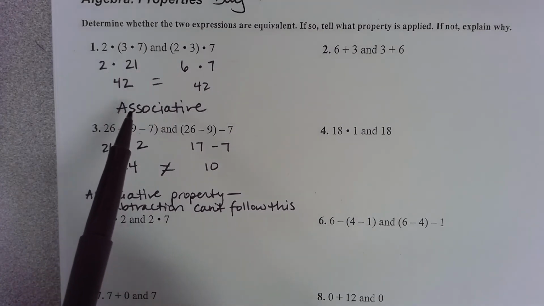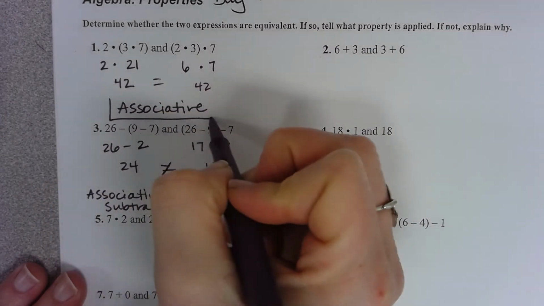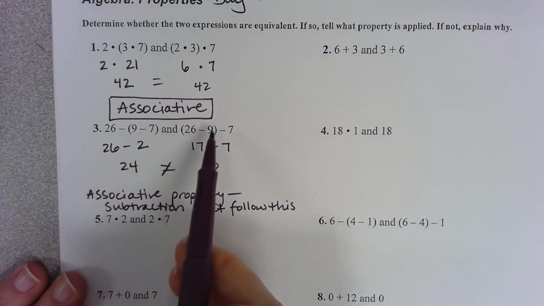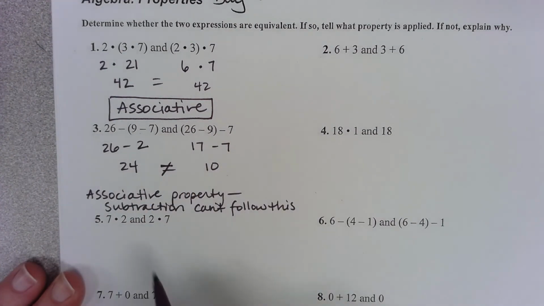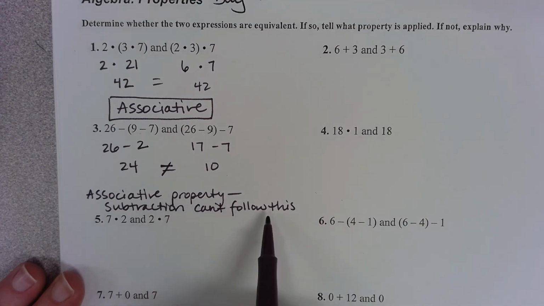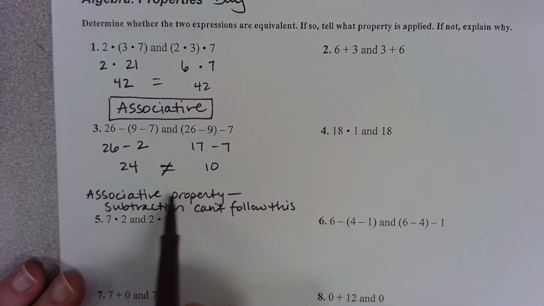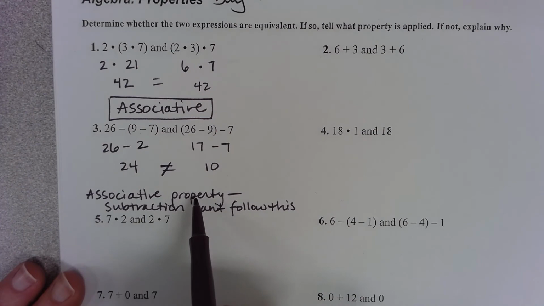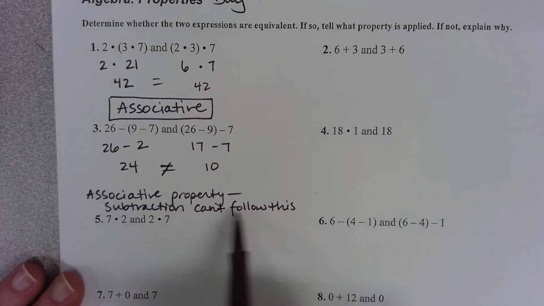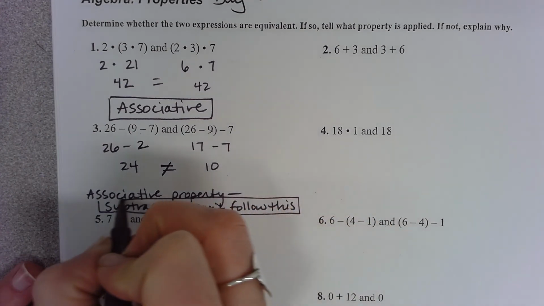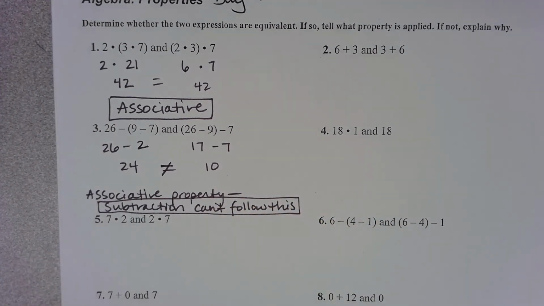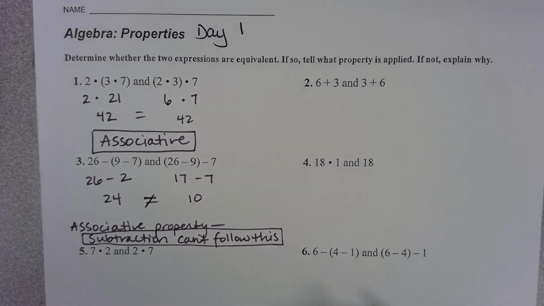Okay, so I gave you one example of one that is equal to each other that fits, and you just list the property. If you solve both of these and they're not equal to each other, which is what this little equal sign with the slash through means, you're going to explain why. Subtraction can't follow this. You do not necessarily have to write that it's the associative property, but you can just explain this reasoning here. So use your notes booklet.